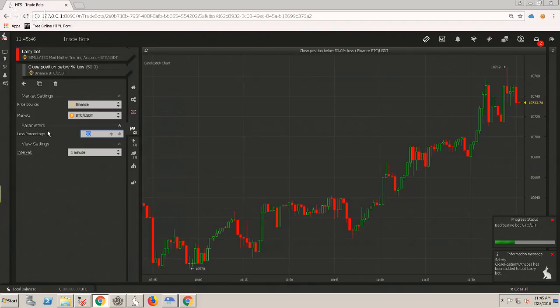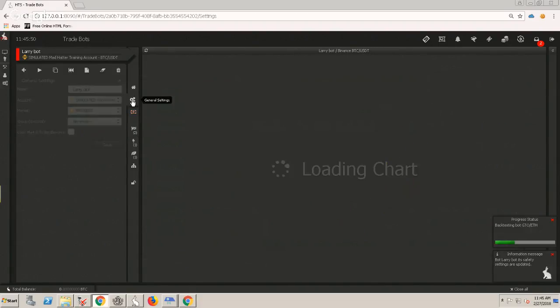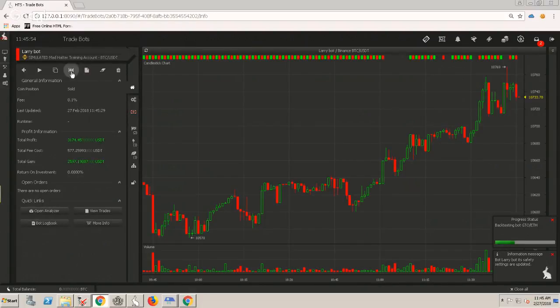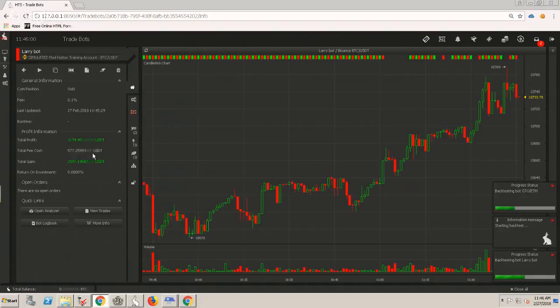Yep, and I added like 2%. All right, so if it is doing what it's supposed to do, it should not do anything. No, 2597, right? So we'll backtest again, same time, and we should get the same result.